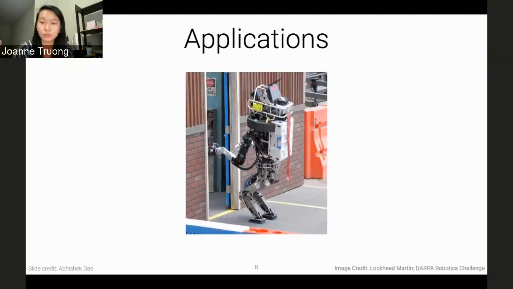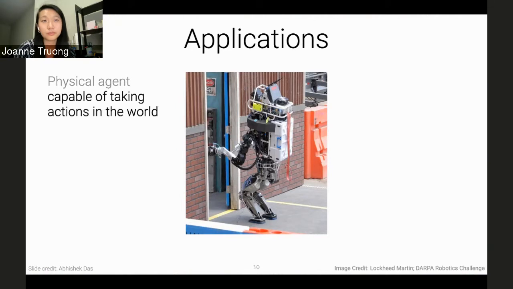And so while this is great, if we think about some of the applications that we want to deploy these models in, we can imagine a scenario such as this, where there is a physical agent or a robot. This robot can potentially be in a hostile environment. So for an example, this is an image from the DARPA Robotics Challenge where the robot is sort of a first responder and it needs to go into this building.